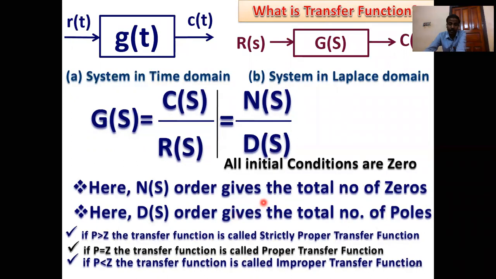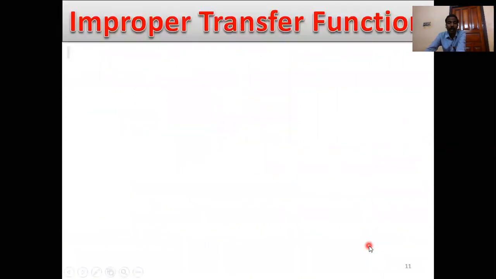In this case, N of S is a polynomial, the denominator is also a polynomial, and the powers of N of S and D of S are equal.